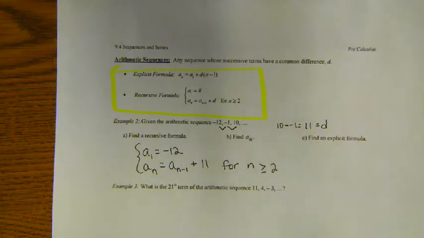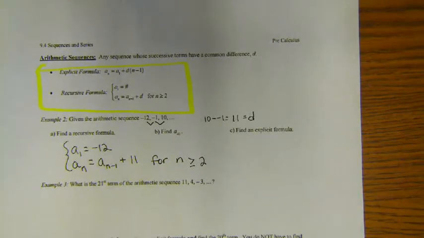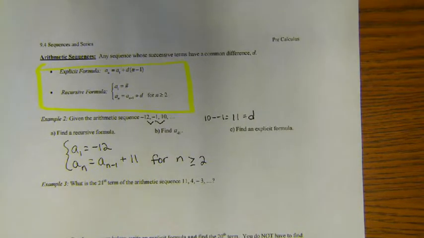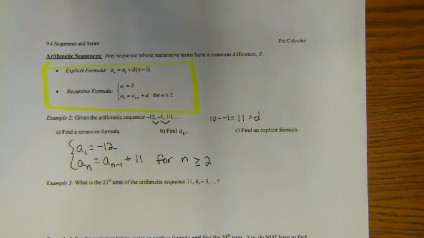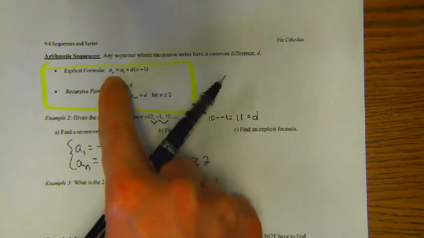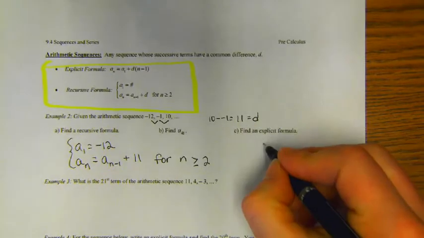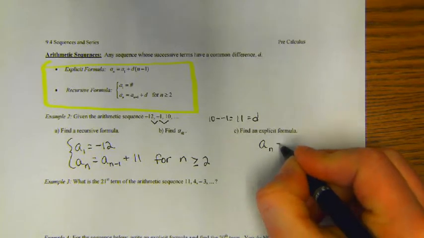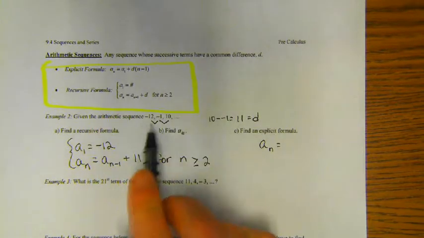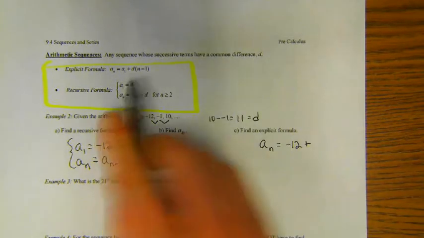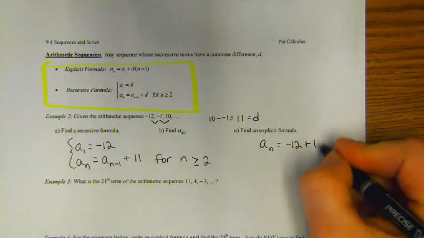Let's look at C, and then we're going to find a sub 41. Find the explicit formula. Well, the explicit formula is given to you. This is where you would actually plug in the term number when finding terms. So a sub n equals a sub 1, which is negative 12, plus d. D is the common difference, which is 11, times n minus 1.